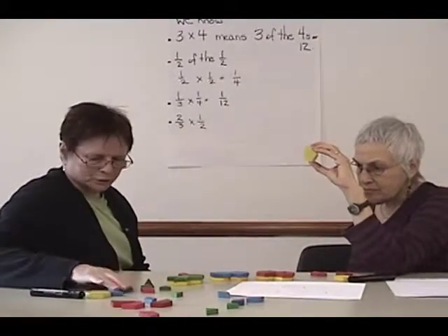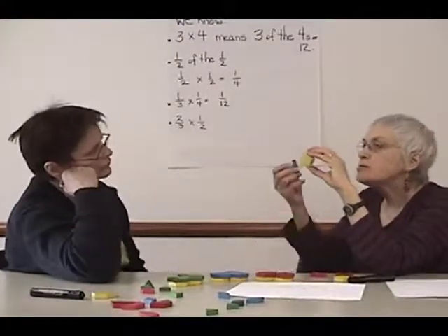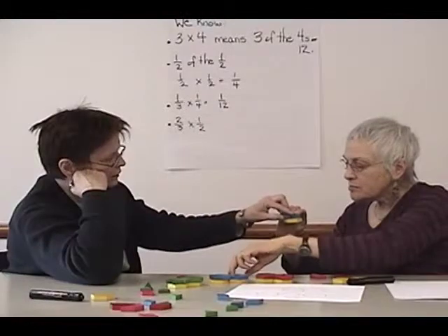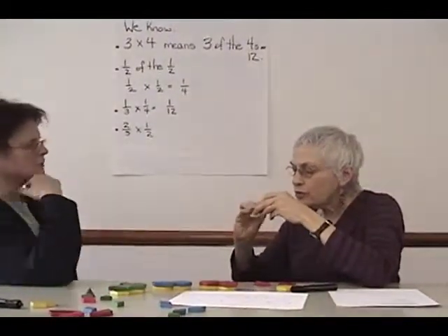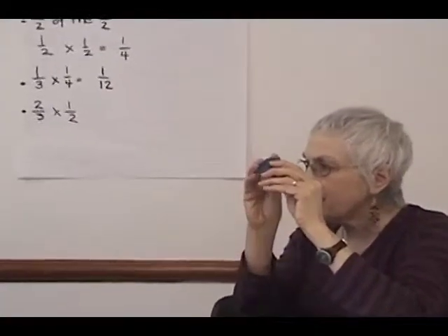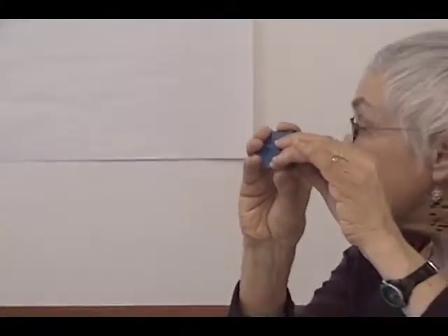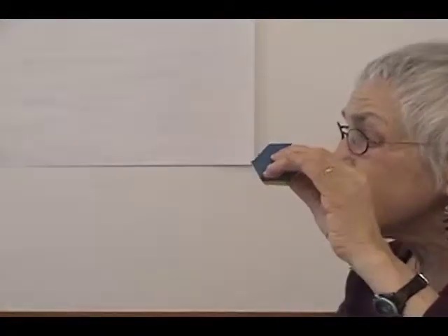Well, why don't we try the blues? Okay, I think that works. So a blue is a third of a half. One of the 3 equal pieces of a half is a third, but it doesn't say 1/3 of a half. It says 2/3 of a half. So how do we do that?